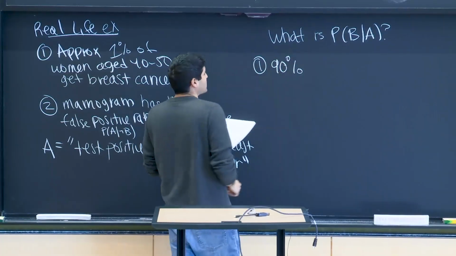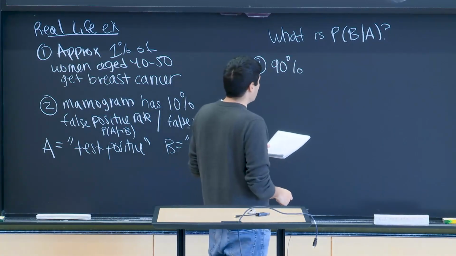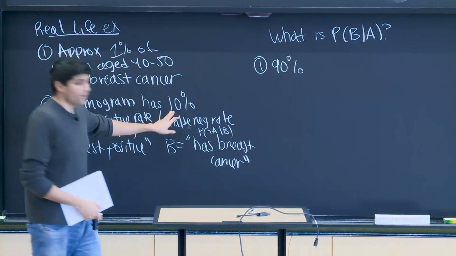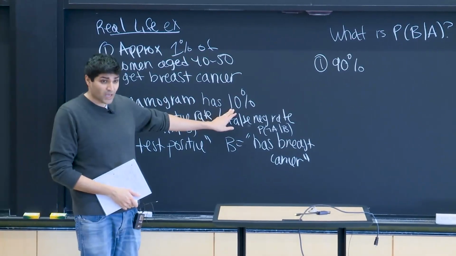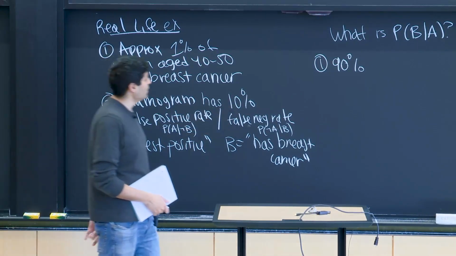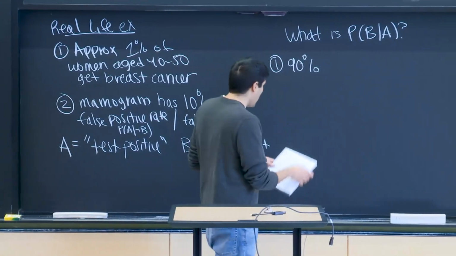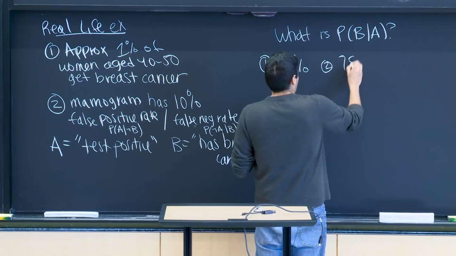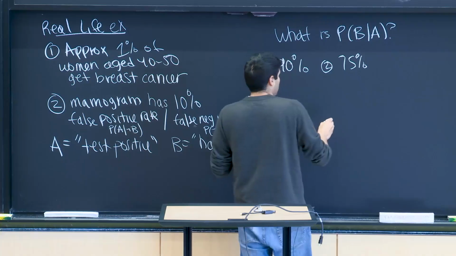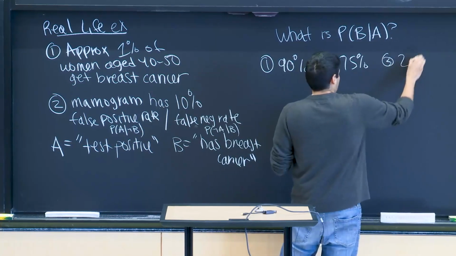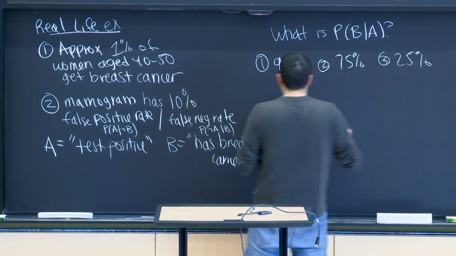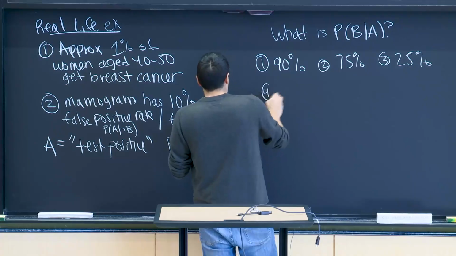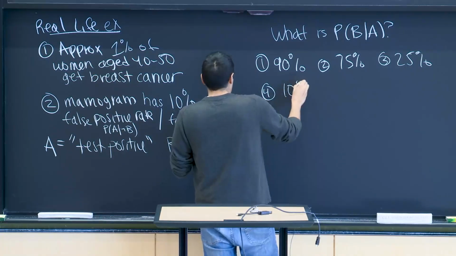Let's just say approximately, what do you think the probability of B given A is? After all, the mammogram has a 10% false positive and false negative rate. So maybe you think you've got a 90% chance of having the condition. Maybe it's 75%. Maybe it's 25%. Maybe it's around 10%.